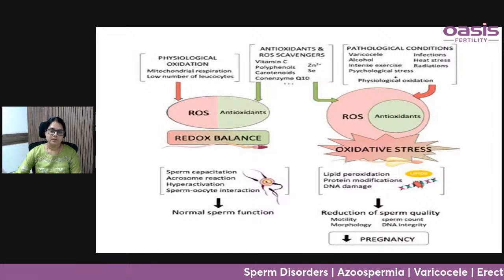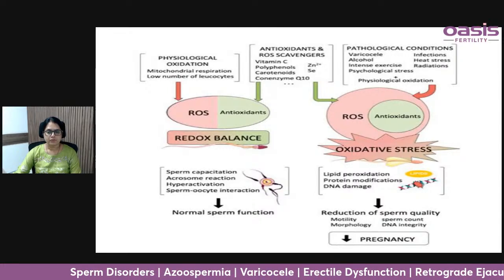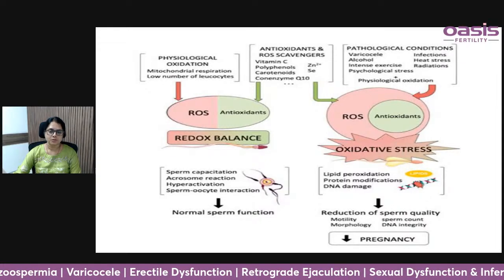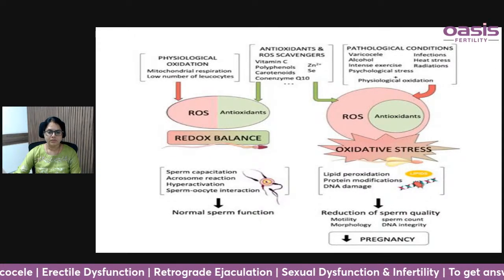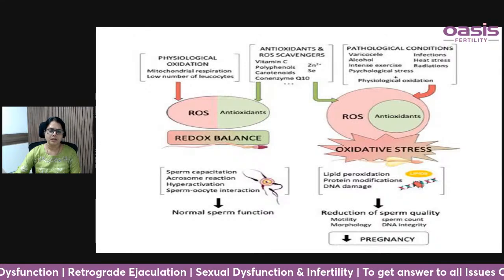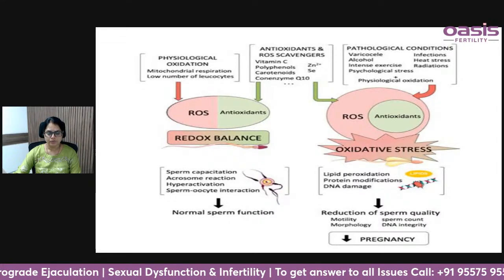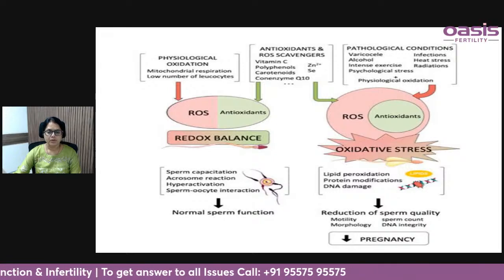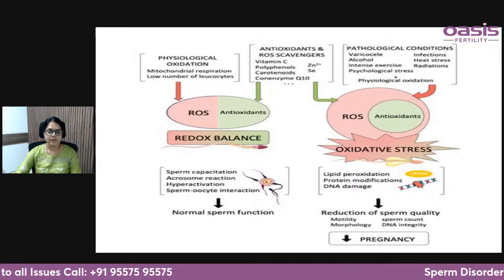If the reactive oxygen species and antioxidant levels are imbalanced, that is in case of the causes which I have mentioned, they all cause oxidative stress, leading to reduction of sperm quality, motility, morphology, and sperm count, and DNA integrity, leading to decreased pregnancy rates.